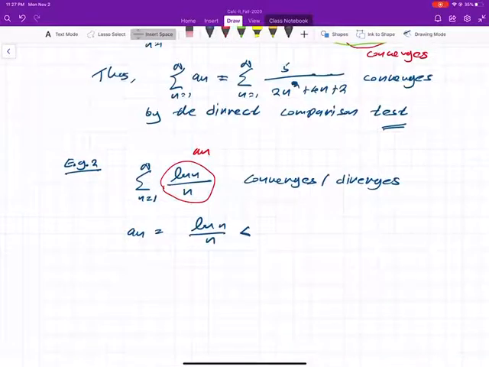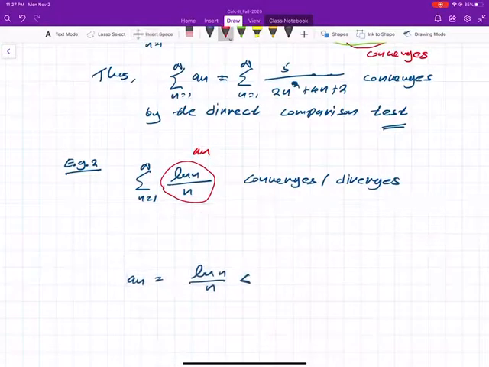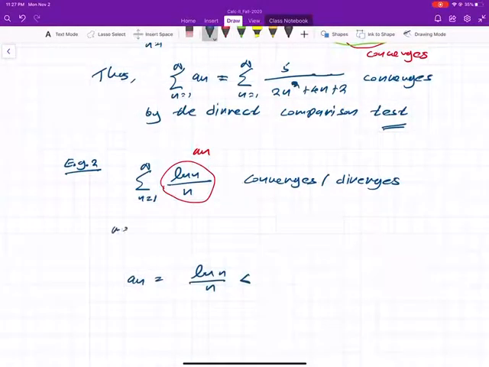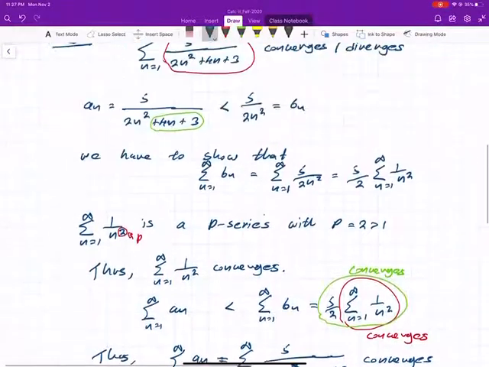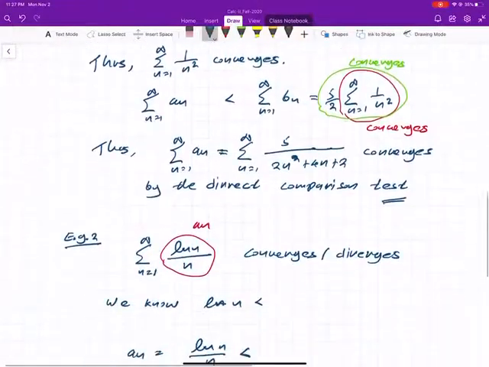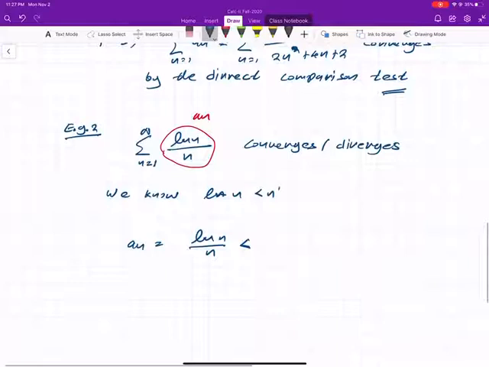Let me have a small space here. We know ln n is smaller than n to the power 1. Okay, that means n.